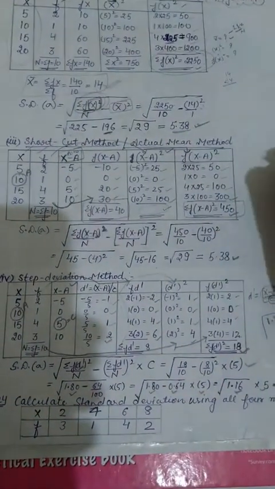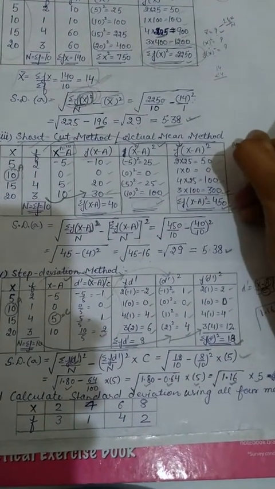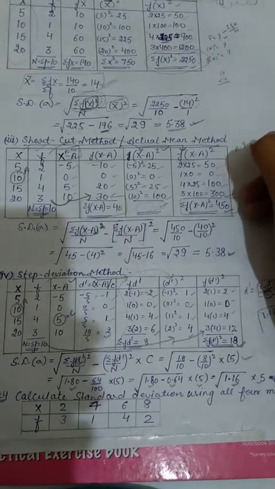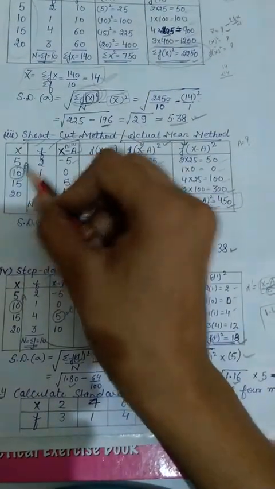Now next one is your shortcut method. In this shortcut method, first of all you need an assumed value a from the x column, that is 10 here.